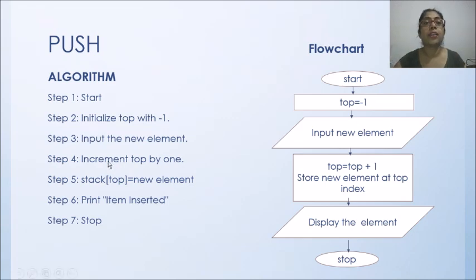So here I have incremented top by 1, and inside that index I have stored that new element. This is the basic algorithm which is followed by any programming language, and this is a flowchart based on this algorithm. You can compare these two to understand how the push operation works in the stack.